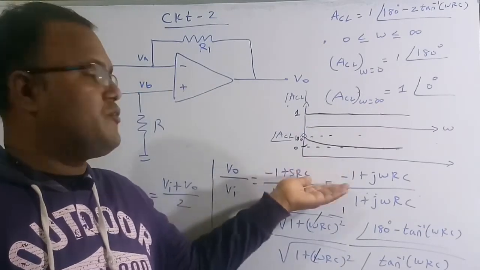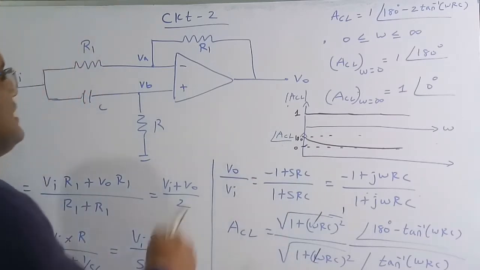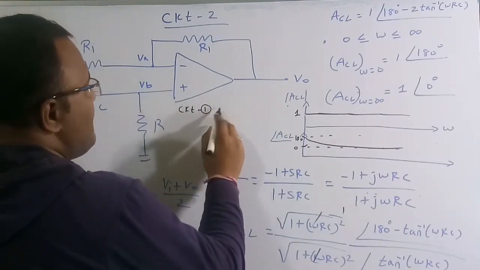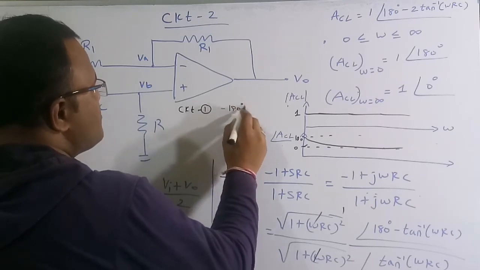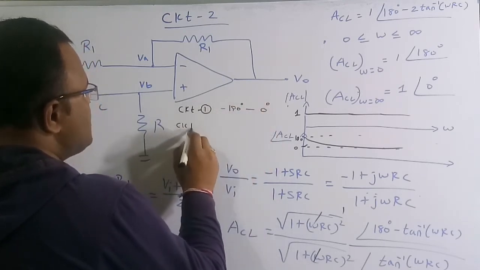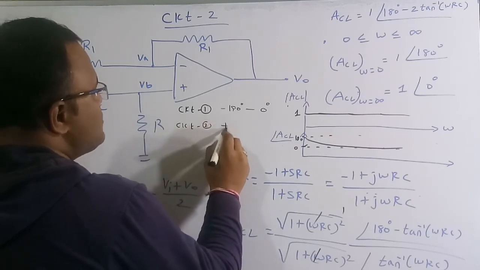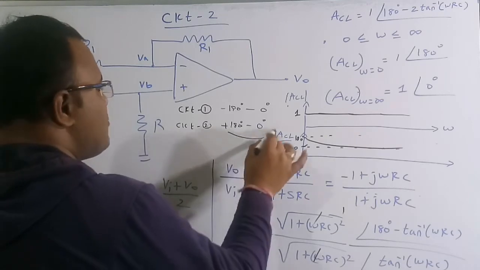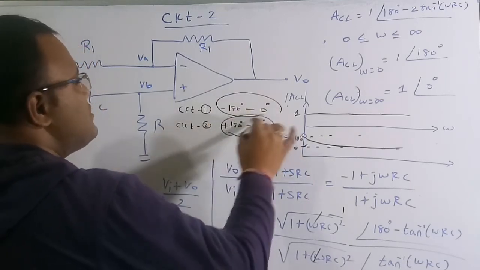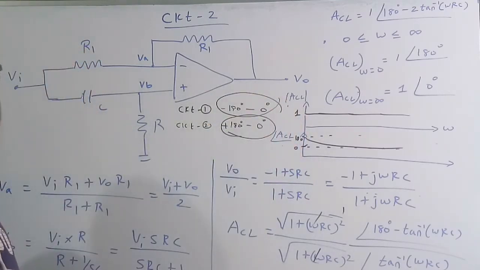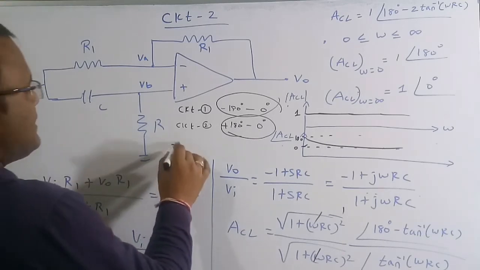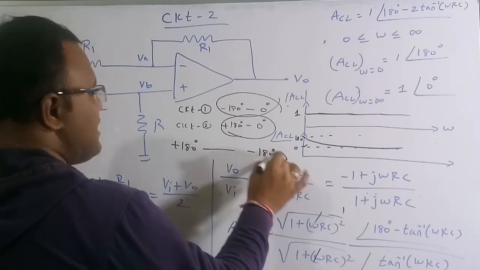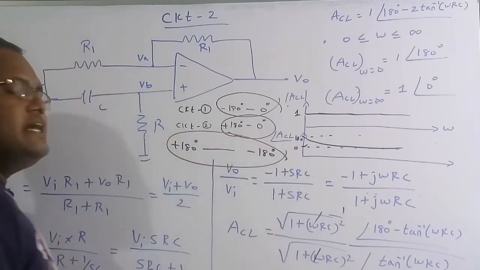Therefore circuit 1 provides a phase shift of minus 180 degrees to 0 degrees, and circuit 2 gives a phase shift from plus 180 degrees to 0 degrees. So it can cover the positive phase shift and also the negative phase shift. Therefore finally an all pass filter provides a plus 180 degree to minus 180 degree phase shift. So it can cover all the positive and negative phase.